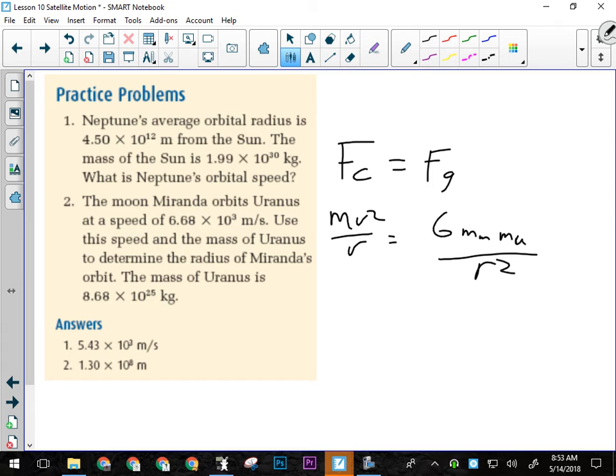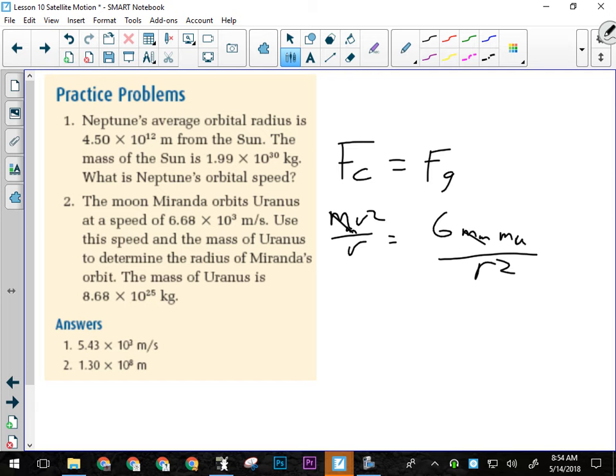Which mass is on this side? Miranda, right? It's always the orbiting mass. So it's going to cancel, which is good because we weren't given it anyway. But we are solving for r, so I'm going to bring r over to this side by multiplying both sides by it.